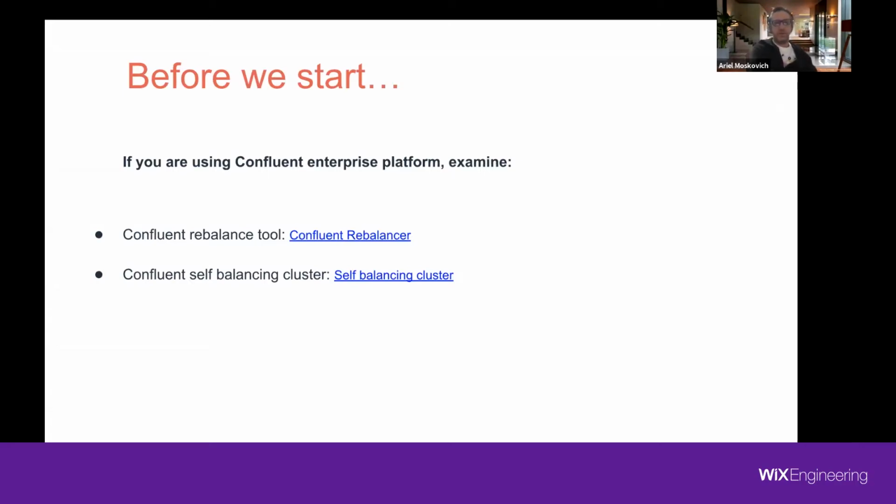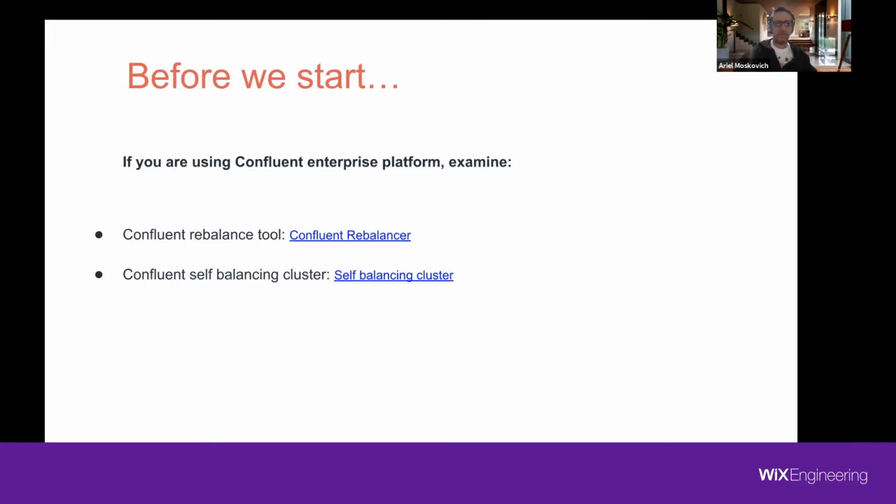And if you're using a newer version, they have a self-balancing cluster. The concepts they use for those tools are very similar to the concepts I used in my process. But it's a process, and it's also very interesting to know what happens behind the hood. But basically, if you need it and you are using the enterprise version, you have those tools ready for you.